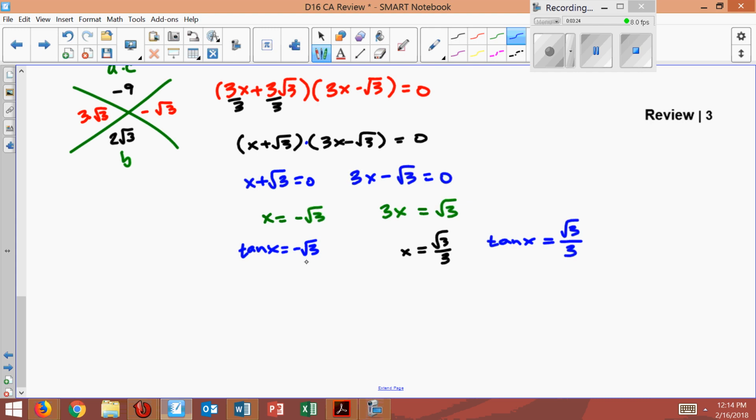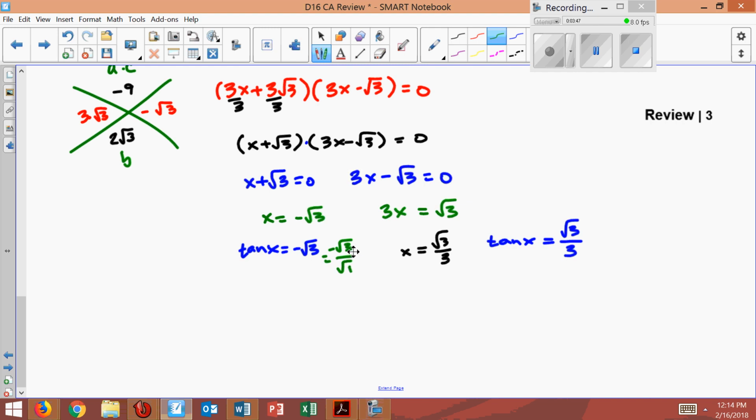So negative square root of 3, from the hand trick, would be like negative square root of 3 over square root 1. So I need to have 3 y fingers and 1 x finger. I'm bending my pointer finger, and I'm doing it backwards here because I would have to do an inverse. So looking at the back of my hand, I'm bending my pointer finger. Should have 3 on top, 1 on the bottom.